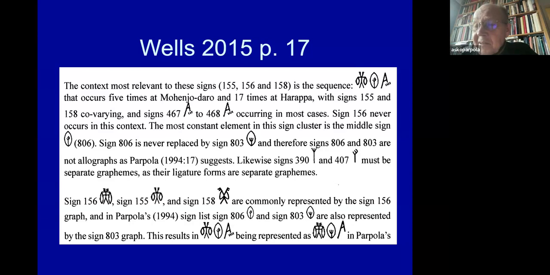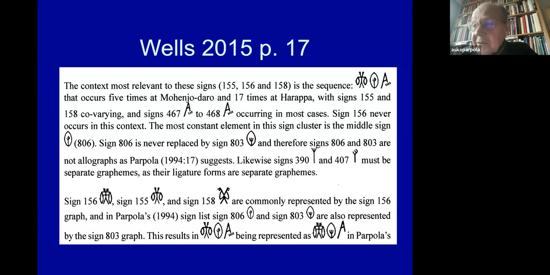Sign 156 never occurs in this context. The most constant element in this sign cluster is the middle sign, 806. Sign 806 is never replaced by sign 803, and therefore signs 806 and 803 are not allographs, as Parpola suggests.